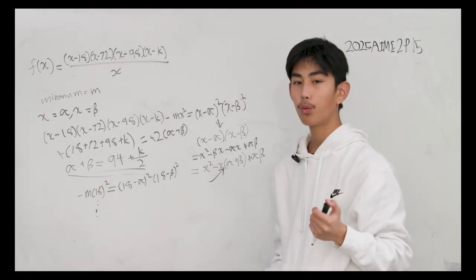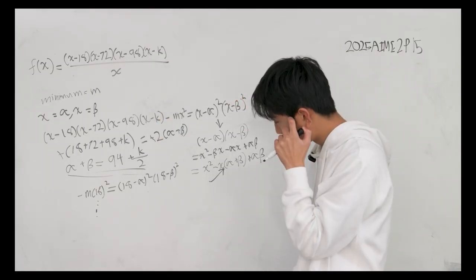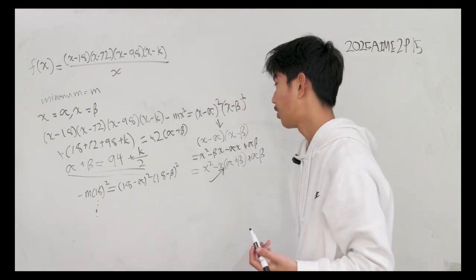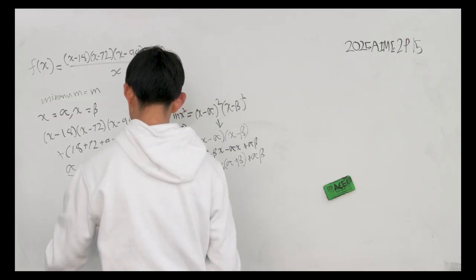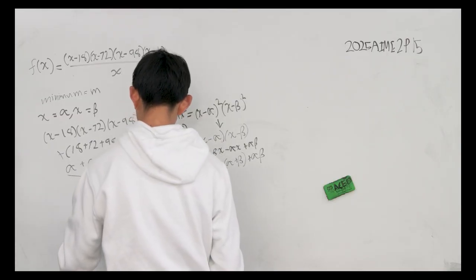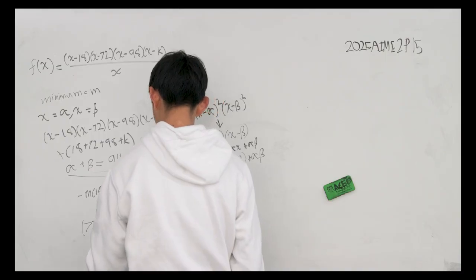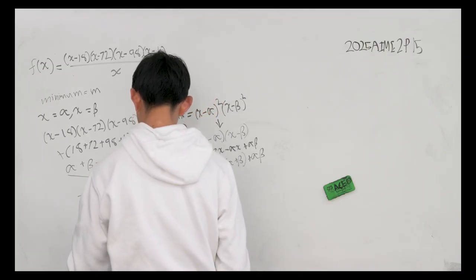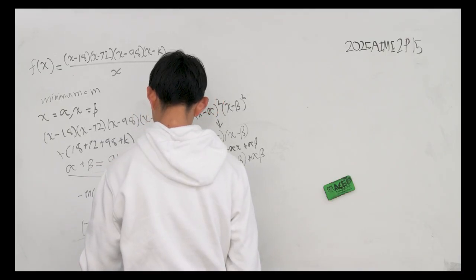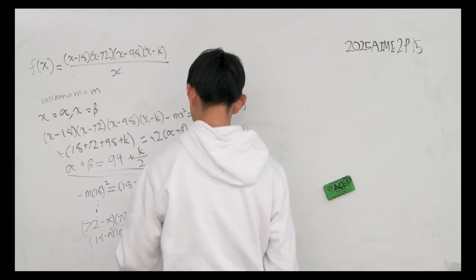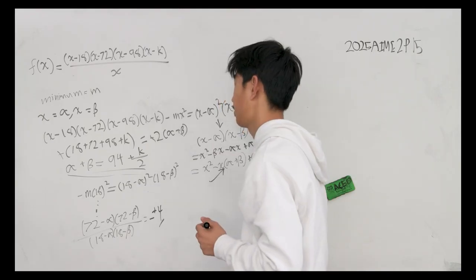Once we do that, we find that with the unique properties of m, all the m's just cancel out. So (72 - alpha)(72 - beta) over (18 - alpha)(18 - beta) gives us plus or minus 4, because the m's cancel out.